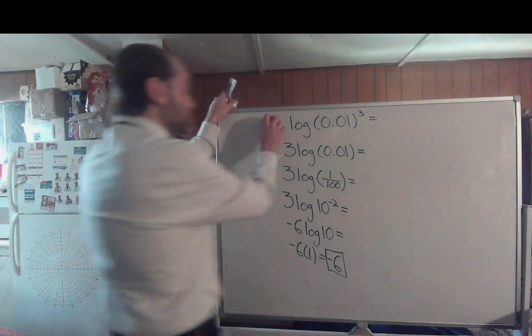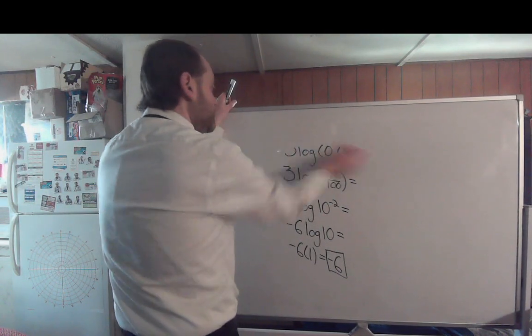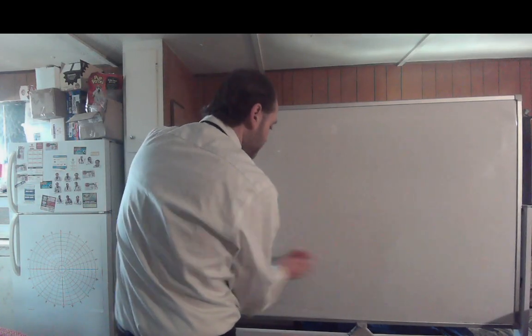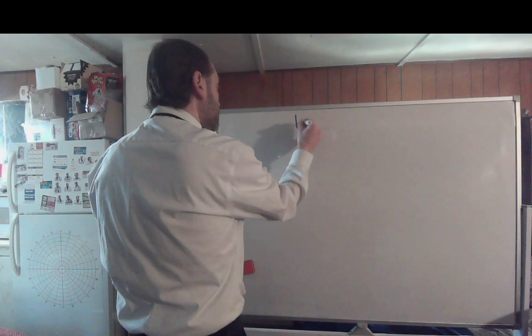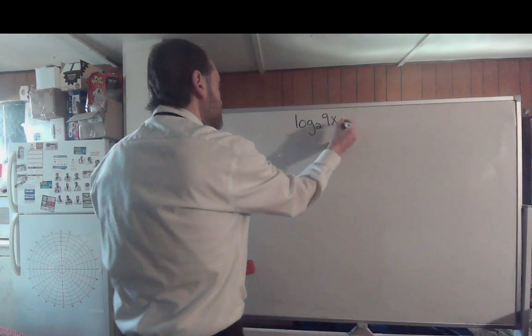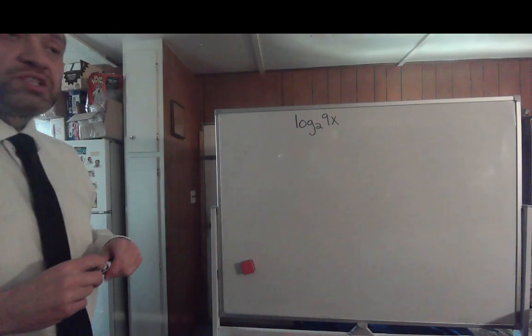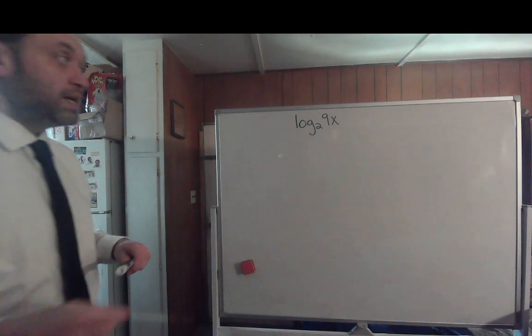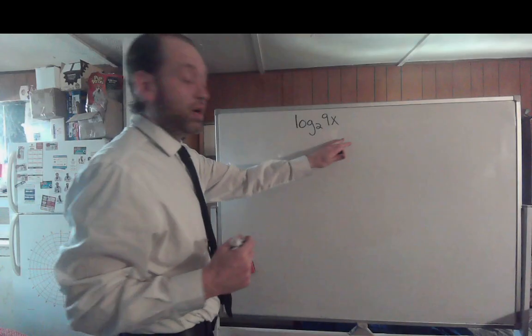Alright, so let's expand some expressions here. Let's use our product and quotient properties heavily. Let's say we have log base 2 of 9x. Well, we're going to expand this. This is a product property.